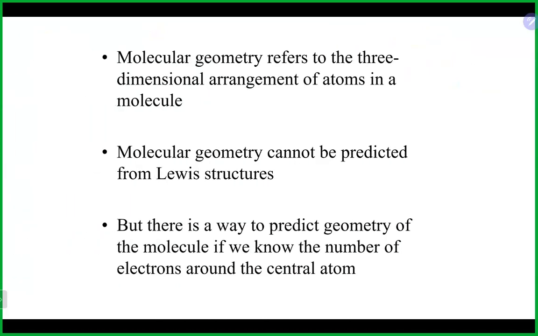Molecular geometry refers to, as I mentioned, the 3-dimensional space. You can't really predict it from a Lewis structure, but you can predict it based on your Lewis structure and your central atom. So whenever we do geometry, definitely when there's 3 or more atoms involved, it's always the guy in the middle that is the most important.